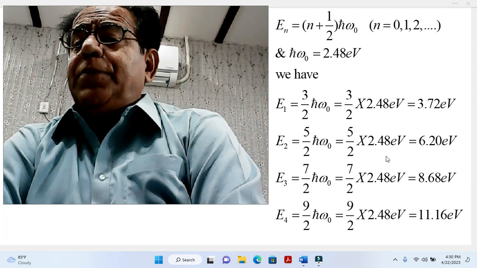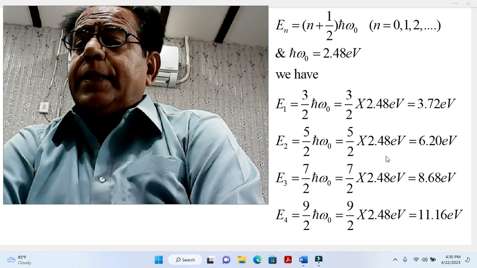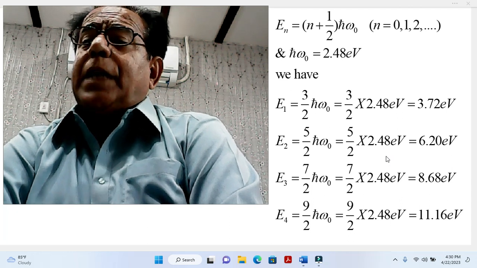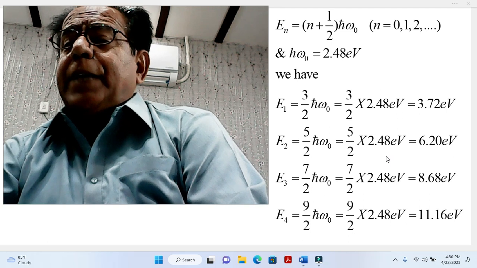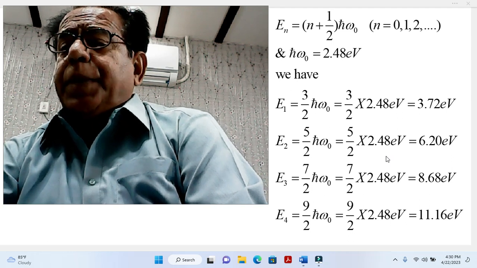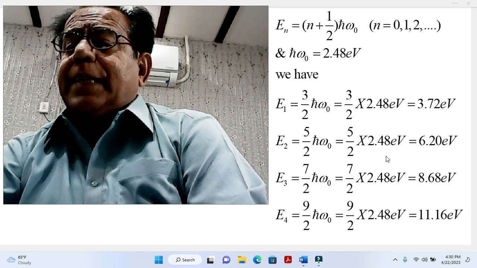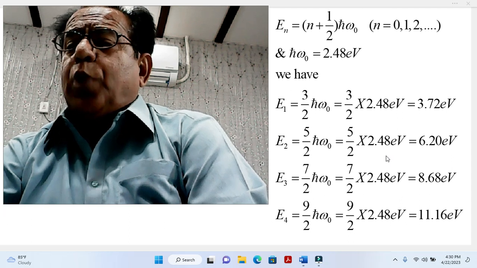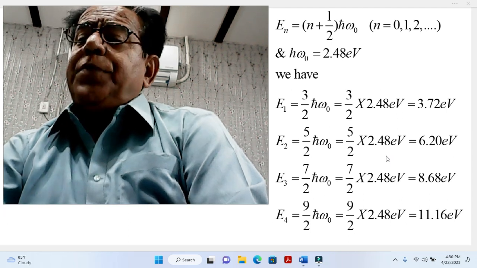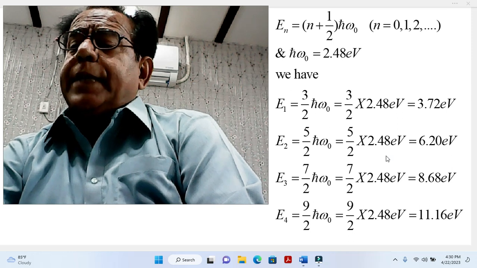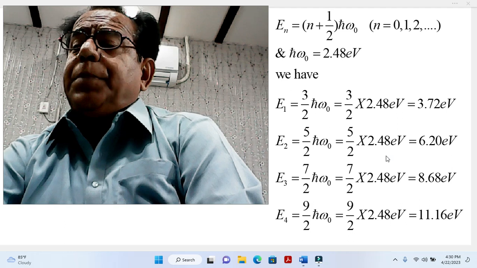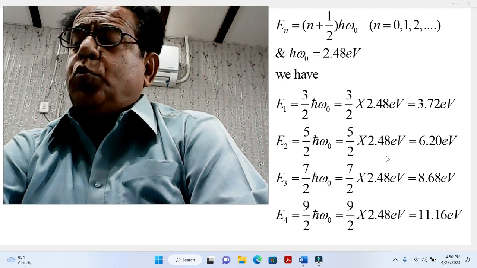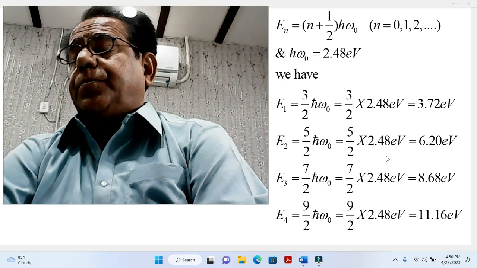We have E1. When we put n equal to 1, then 1 plus half will become 3 by 2. So E1 will be equal to 3 by 2 into h cut omega naught, and we know that h cut omega naught is equal to 2.48. So we will multiply 2.48 electron volt with 3 by 2, and hence the value of E1 will become 3.72 electron volt.